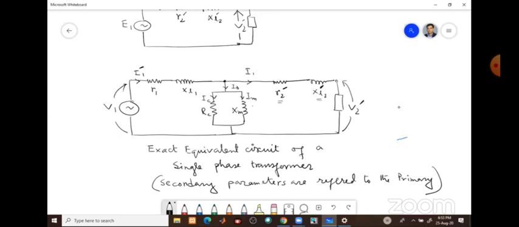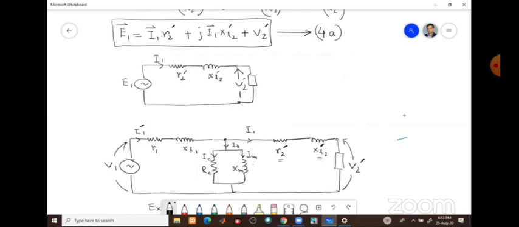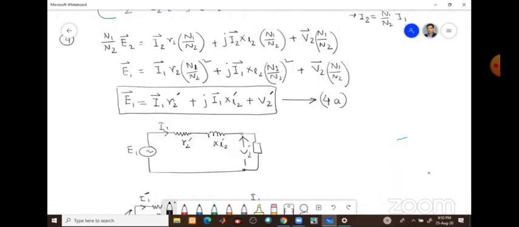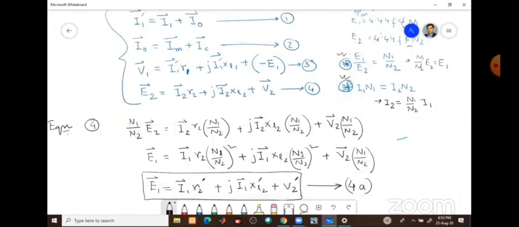If we take another option, that is if we take the KVL equation number 3, that means the equation for the primary, and if we modify that, then also another equivalent we can get. Instead of taking equation number 4, if we take equation number 3, then I can do the similar kind of operation.